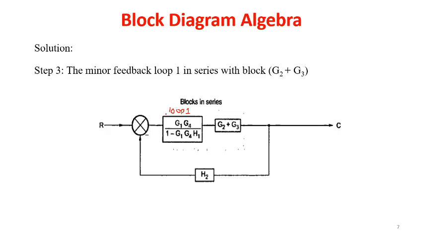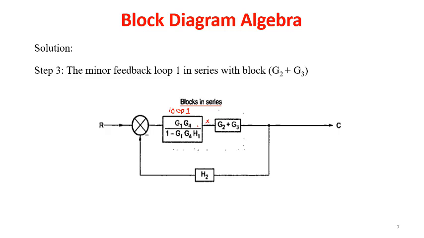Now what we can see here, this loop 1 and this block, both of these two blocks are in series. Both are in series, hence they have to be multiplied. In between they have to be multiplied.